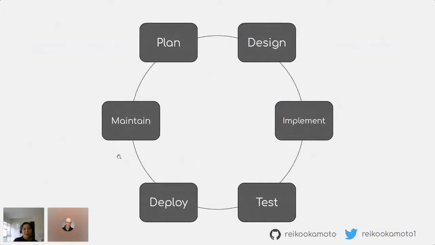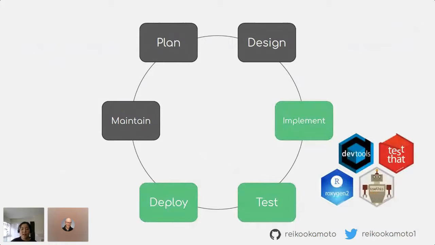So having a quick look on the internet, it looks like the package development workflow can be broken down into these steps. You have the planning phase, followed by designing, implementing, testing, deploying, maintaining, and it all falls back into the planning phase. So I am going to argue that in R, it's relatively easy to take care of these middle steps using popular tools like devtools, testthat, or usethis.